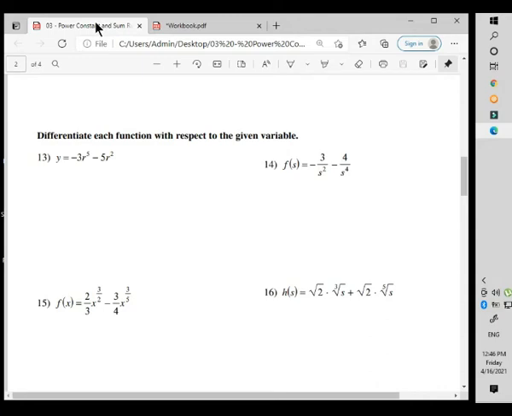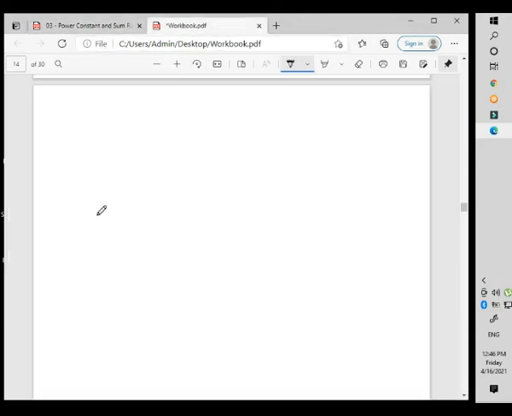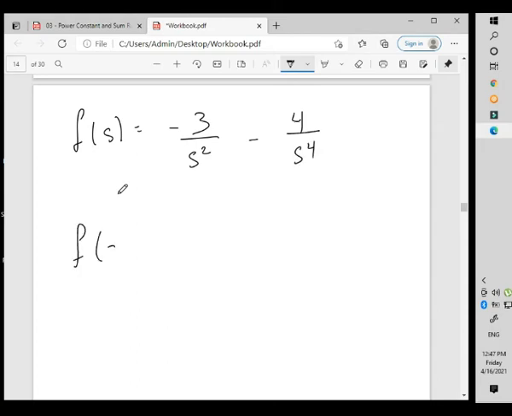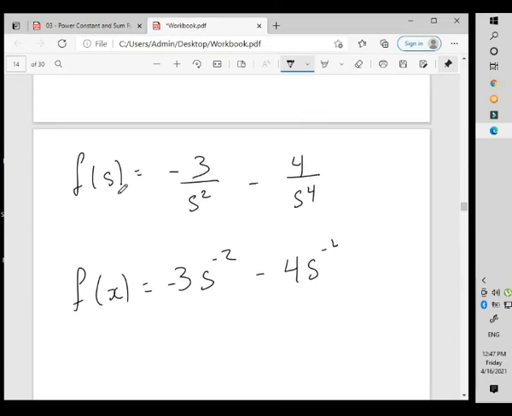Next question. f of s is equal to minus 3 over s squared minus 4 over s to the 4th. So you write this back with the powers in the numerator, so this is minus 3s to the minus 2, minus 4s to the minus 4, and now I'm just going to go ahead and solve.